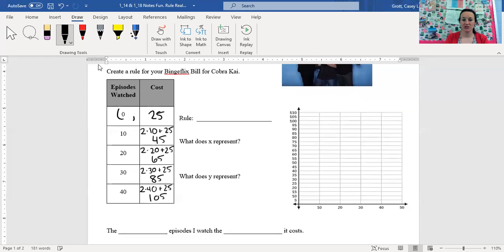So I'm going to change these into ordered pairs. Think in your mind, or actually on your paper, about what this would look like if it was graphed.